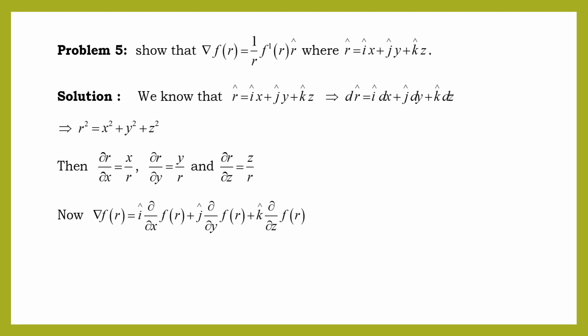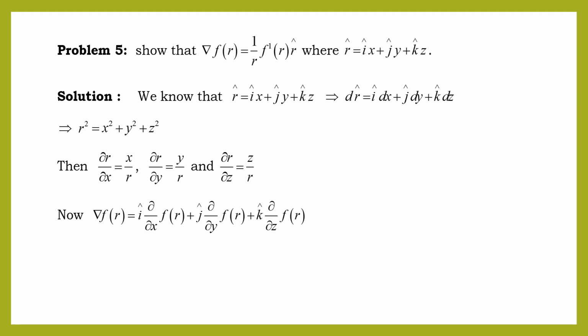From this, let us find ∂r/∂x. Differentiating partially with respect to x on both sides, it becomes 2r ∂r/∂x equals 2x. From this we get ∂r/∂x equals x/r. Similarly, ∂r/∂y equals y/r and ∂r/∂z equals z/r. We found these values in the previous problem also.